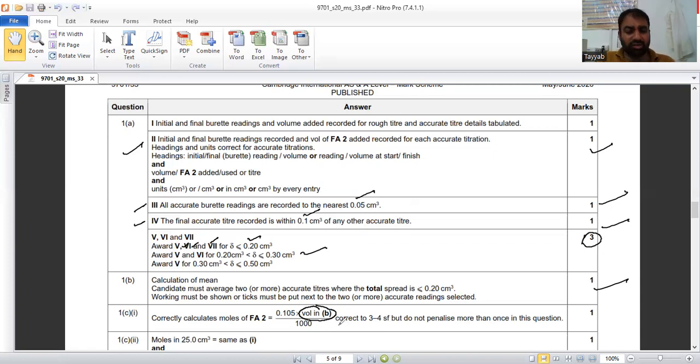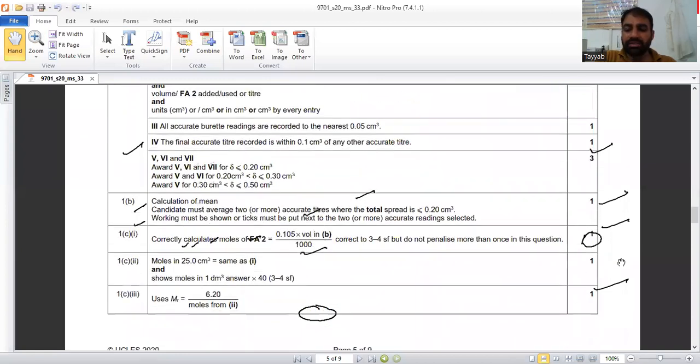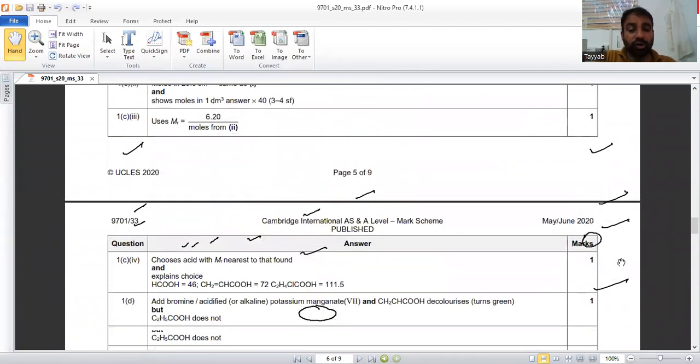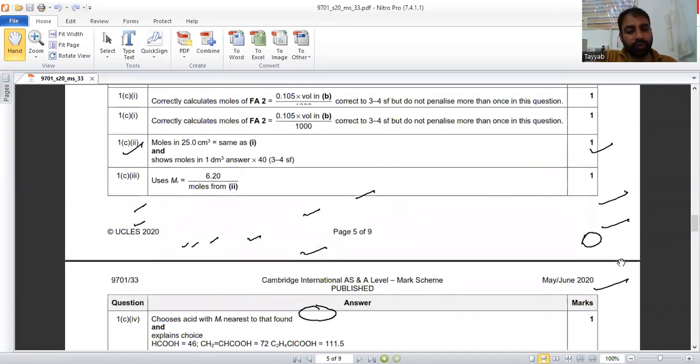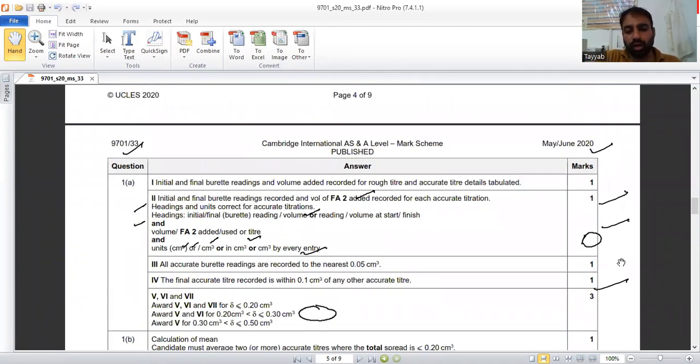If this is wrong and away from the supervisor reading, but your volume and remaining calculation are correct, then you will get all the next marks which are coming below. These marks you will get if you are doing proper calculation. For proper calculation you have to use your mole calculation knowledge, your knowledge of concentration that you gain from the calculation of moles, etc.